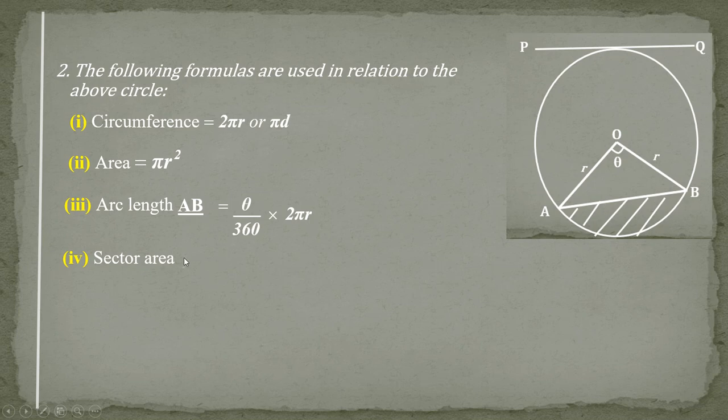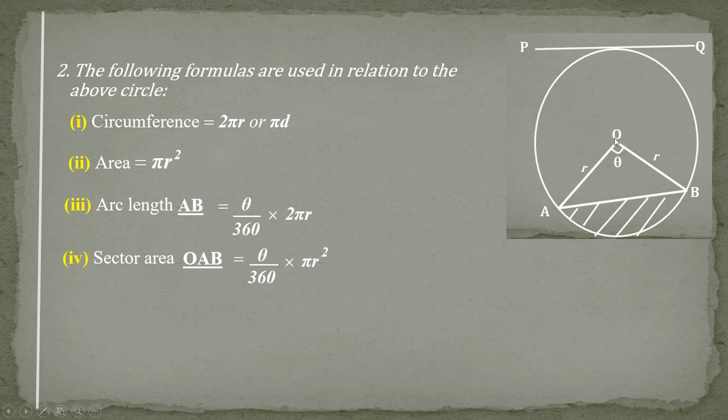Now another component is what we call the sector. So the area of the sector will be given as theta out of 360 times pi r squared. This pi r squared here is the area of the circle.